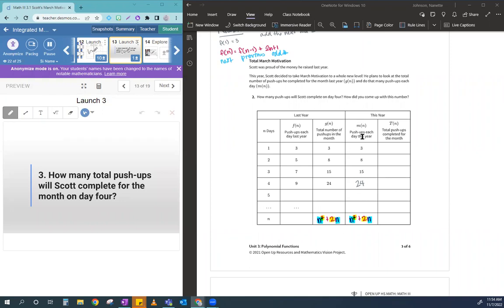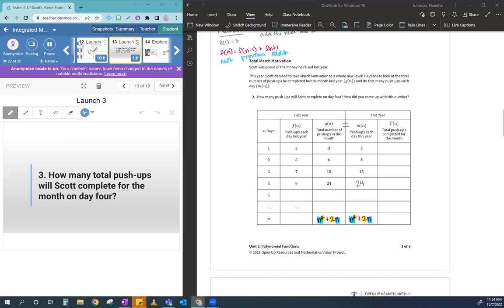T of n is the total number of push-ups for this month.